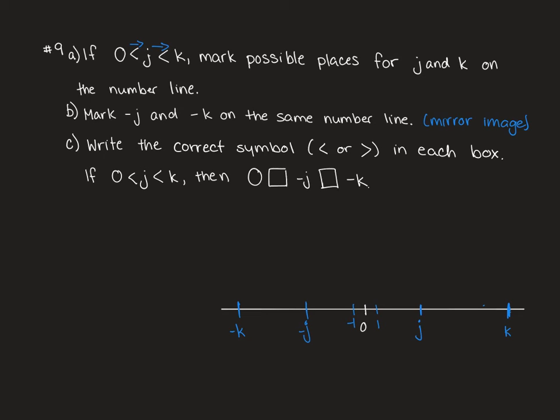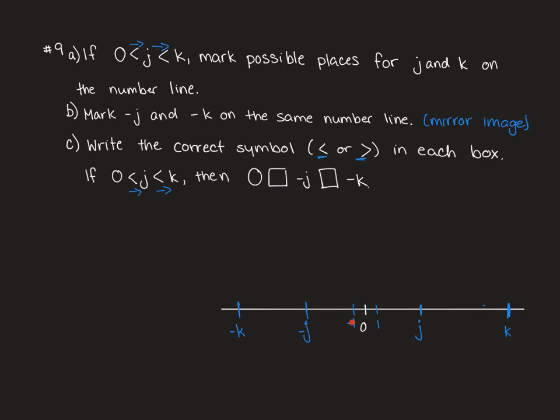Part C asks you to write the correct symbol, so either a less than or a greater than sign in each box. So if 0 is less than J and J is less than K, so that's the image that we drew here, then what about 0, is it less than or greater than negative J?